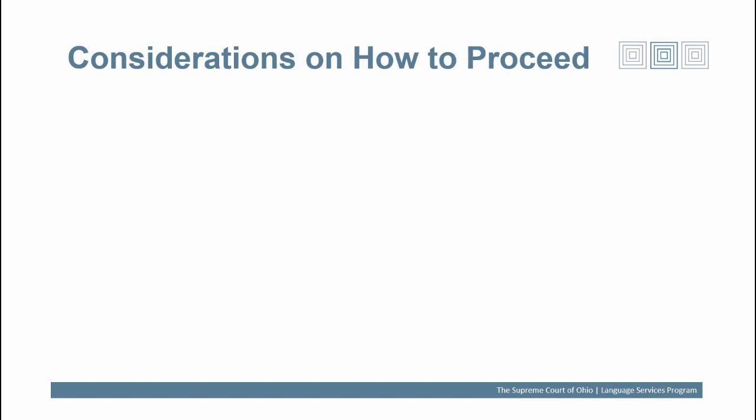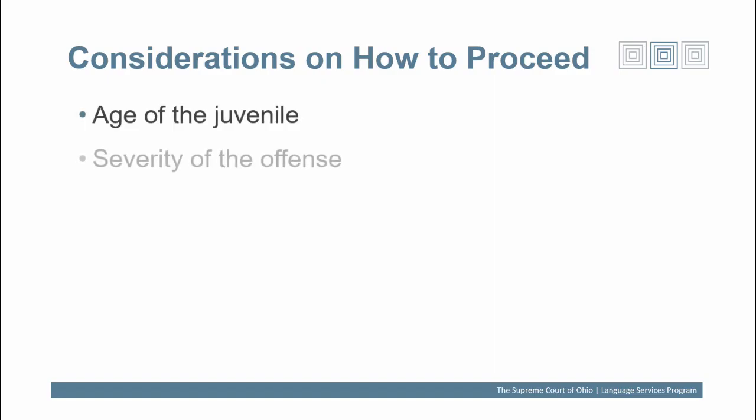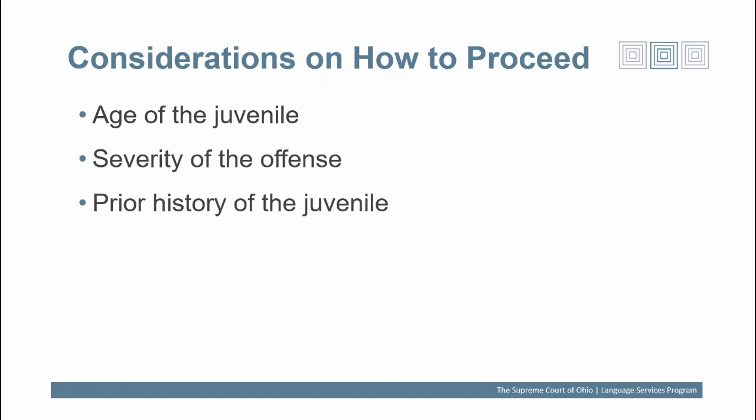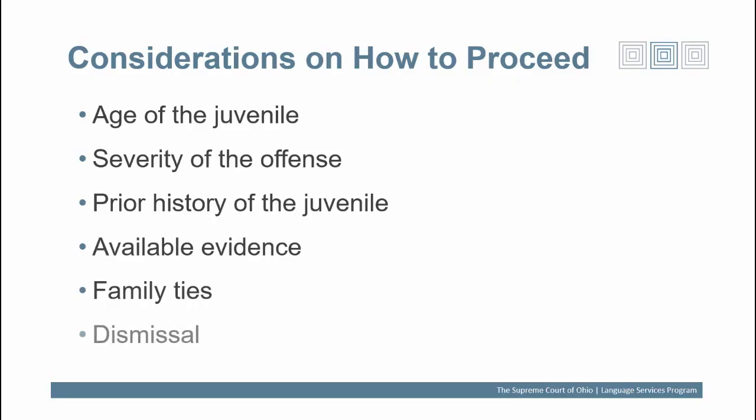Some of the considerations on how to proceed are the age of the juvenile, the severity of the offense, prior history of the juvenile, available evidence, family ties, can the case be dismissed, and lastly, a decision to proceed informally or formally will take place.